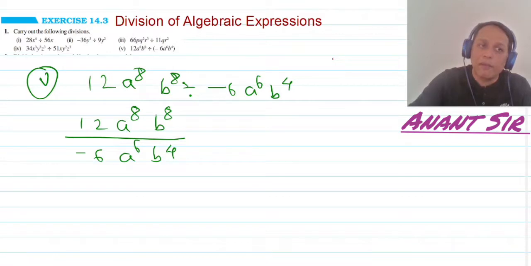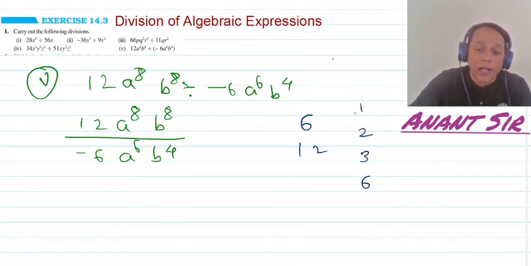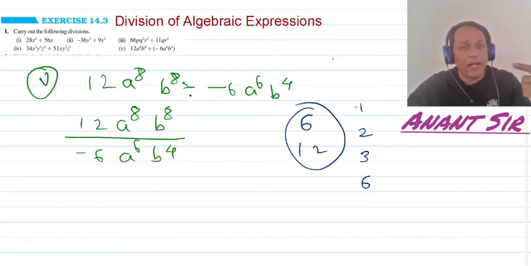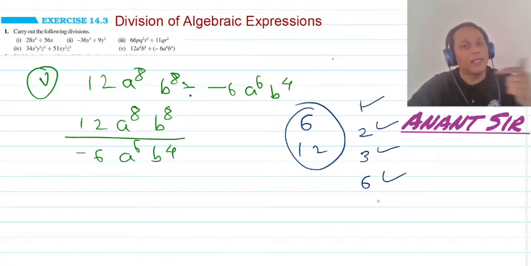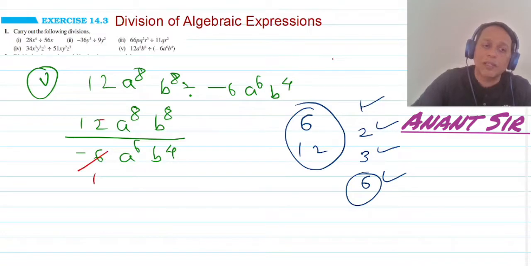So I can divide further now. 6 and 12 can be divided by 1, 2, 3 and 6. So 6 is the greatest number that divides both. So we will divide both by 6. 6 ones are 6, 6 twos are 12.